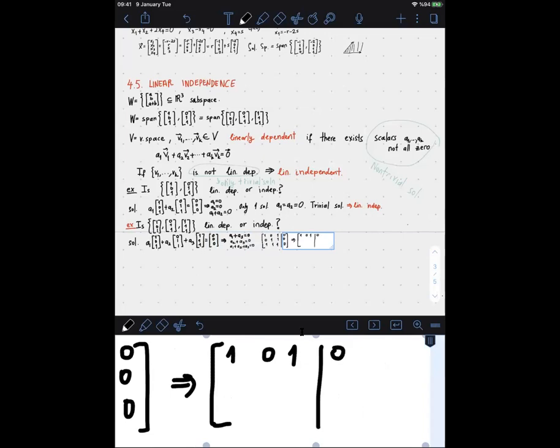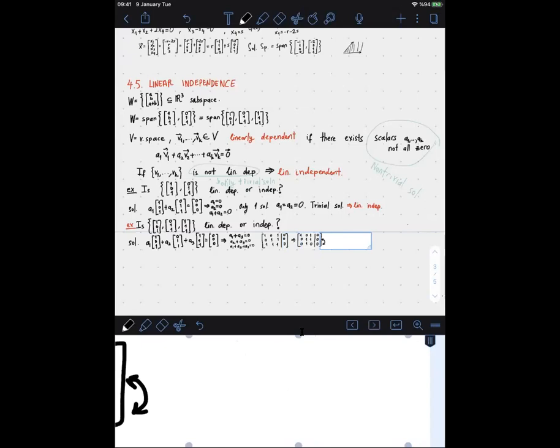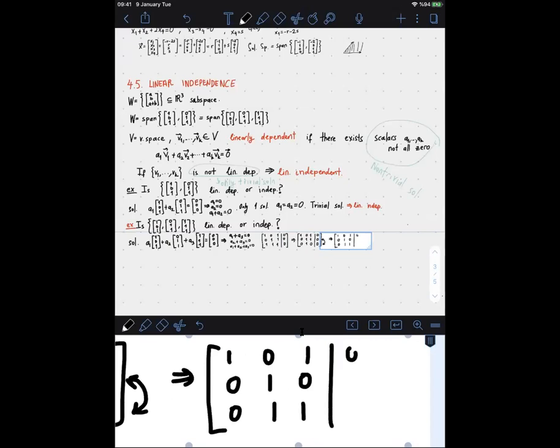Now I'm swapping these two rows. If I swap those two rows, I get 1, 0, 1, then 0, 1, 0, then 0, 1, 1, and 0, 0, 0.